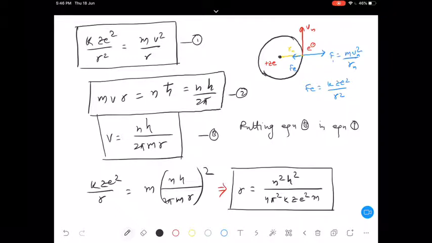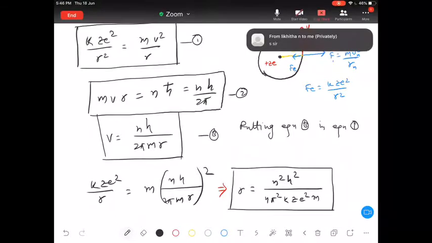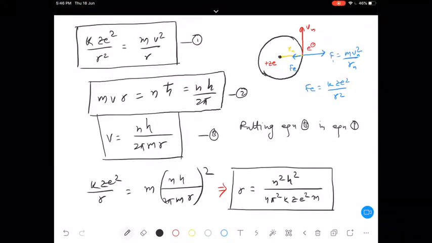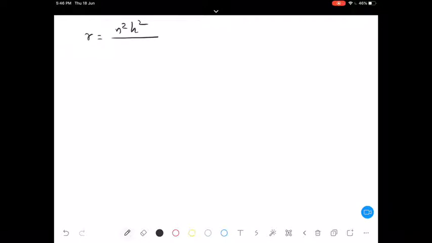Is that correct? Any confusion, any doubt? Correct only. So now I'll take this expression once again here. Let's say I write r is coming out to be n square h square upon 4 pi square kZe square m.